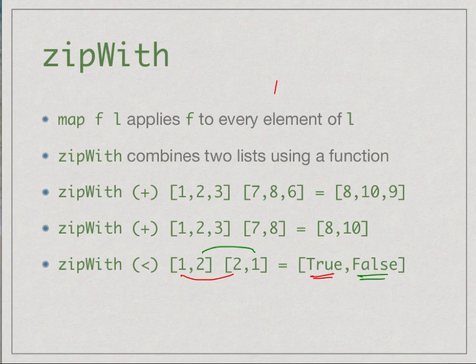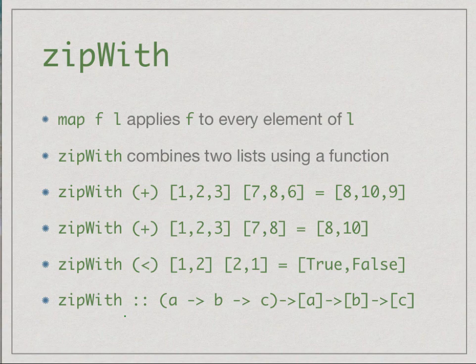So the type of zip with is that, in these functions, we saw here that we had a function plus which takes two ints and returns an int. We had less which takes two ints and returns a bool, but in general the function could operate on two different lists of two different types. So I could start with a list of A and a list of B, and I have a function which takes these two arguments and produces a list C as the output.